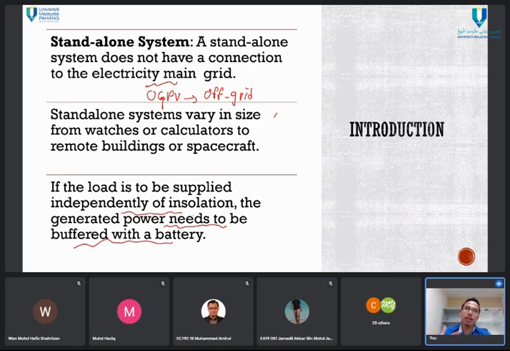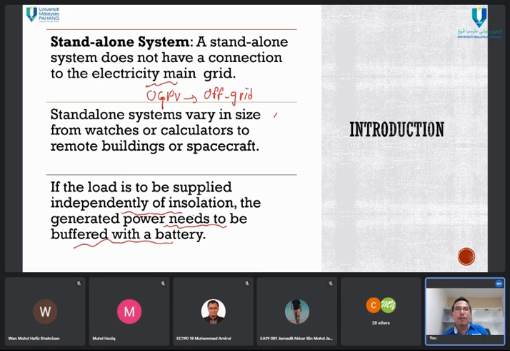During the solar irradiance hours, which means during the day, if the system is installed to be used independently, for example during the night, then all the generated power that we get during the day must be buffered, or stored, in a storage battery. That's why the battery is quite common in standalone PV system applications.